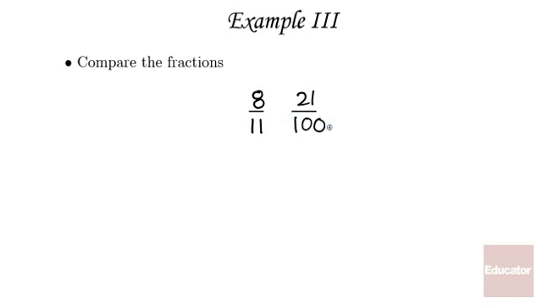Half of 100 is 50, and 21 is less than that. So this one right here is bigger than half, and this one right here is smaller than half. So if I compare them, I know even though these numbers are smaller than these numbers, this fraction is actually more than this fraction. So this 8 over 11 is going to be greater than 21 over 100.